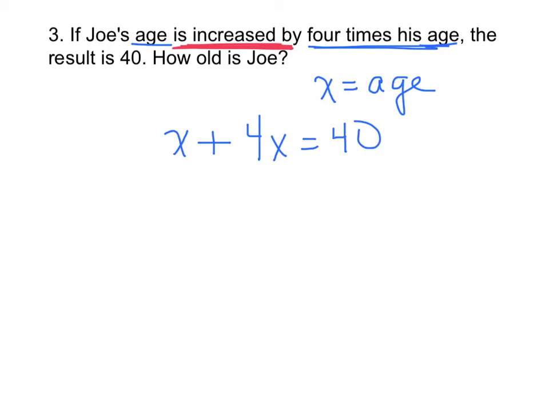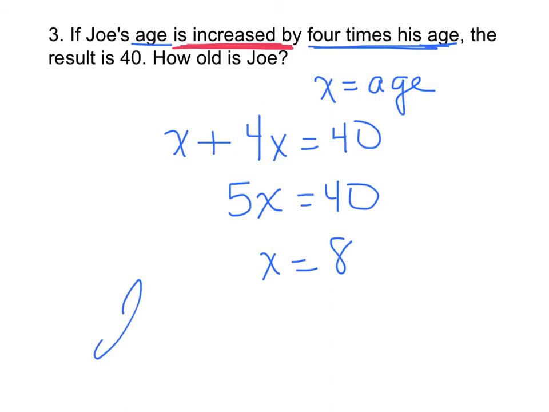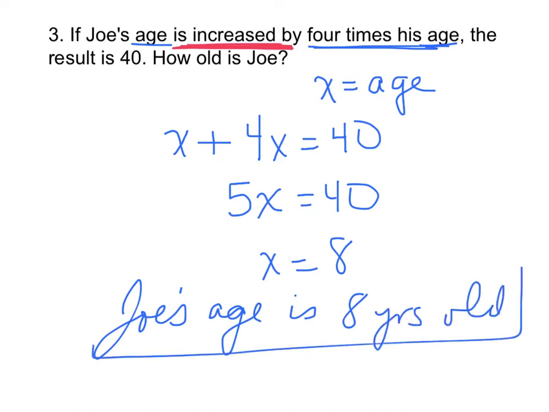Now in order to solve that equation, we have to first combine like terms. 1x plus 4x, which is 5x, equals 40. Divide by 5. 8. So now we have to check our solution. So 8. 8 what? How old is Joe? Joe's age is 8. Can someone be 8 years old? Absolutely. So that would be our answer.